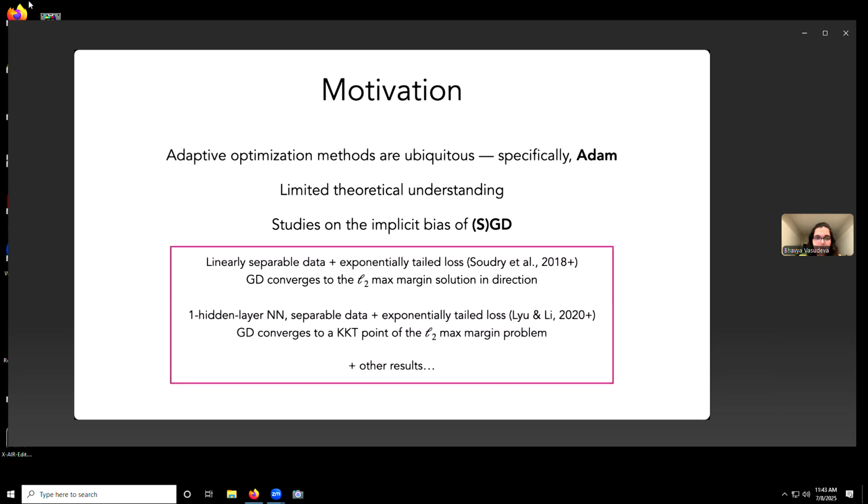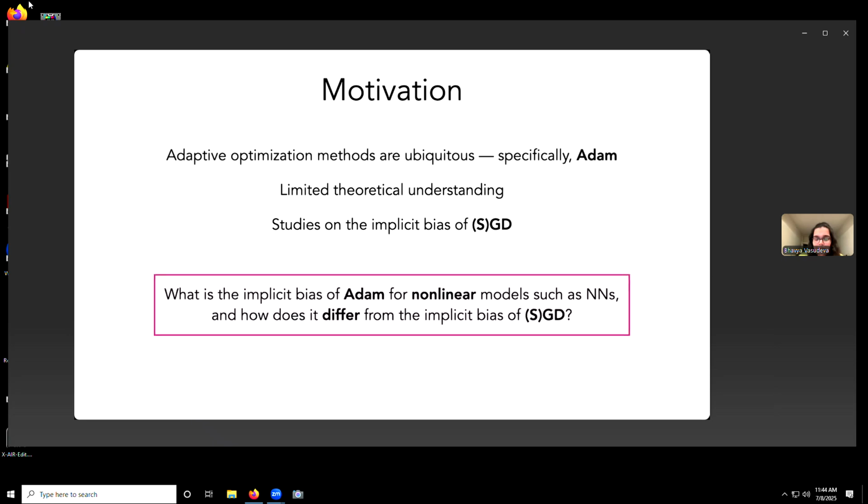In particular, this seminal work by Soudry et al. shows that for linearly separable data, gradient descent converges to the L2 max margin solution in direction, and there are also later results for one hidden layer neural networks, where it's shown that gradient descent training leads to convergence to a KKT point of the L2 max margin problem, plus more results, which motivates the question: what is the implicit bias of Adam for nonlinear models like neural networks, and more importantly, how does it differ from the implicit bias of SGD?